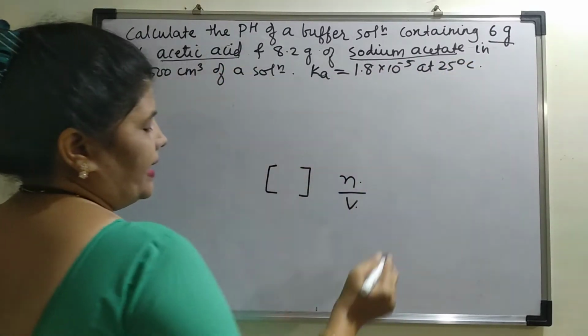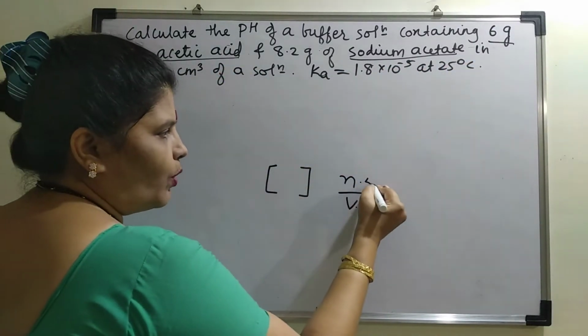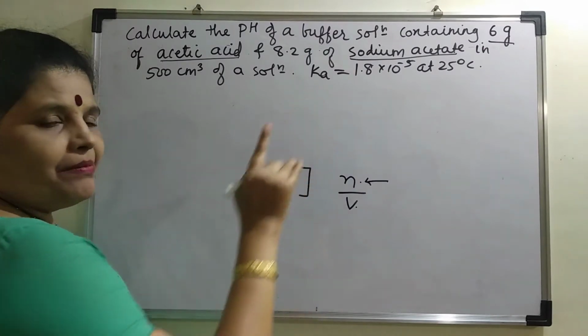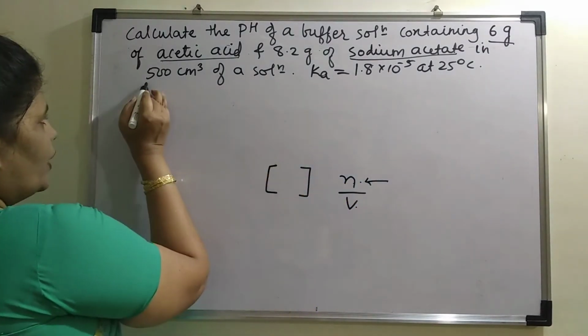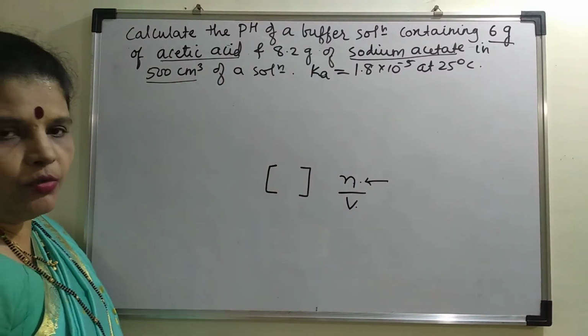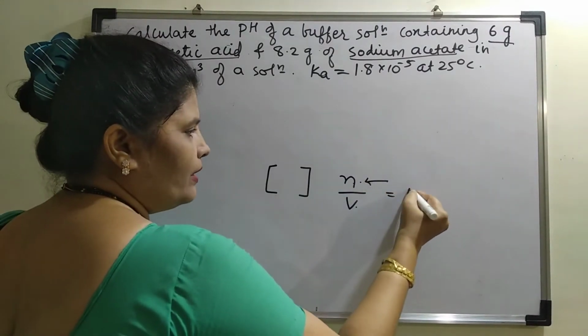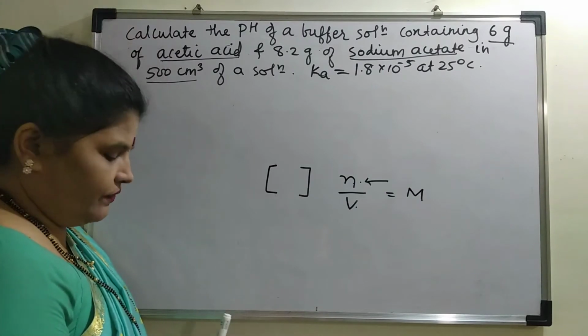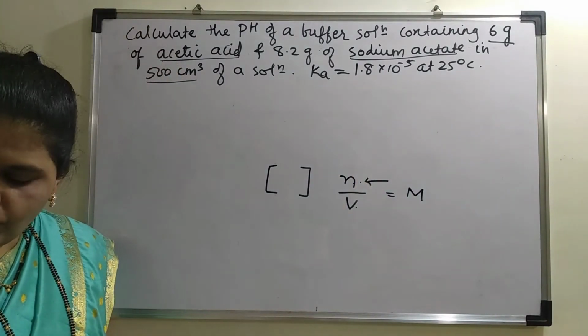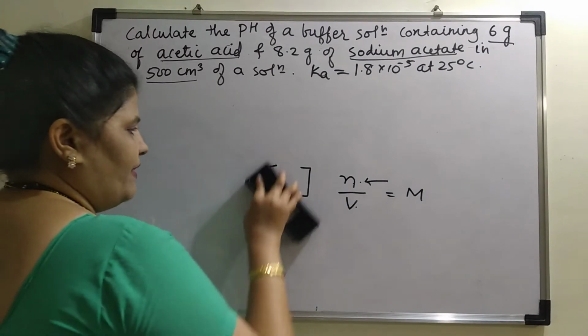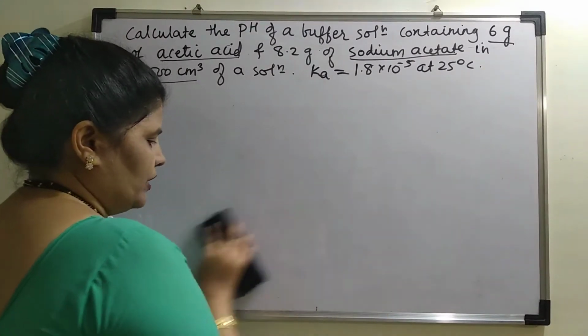So you have to calculate the number of moles first from the given mass and the molar mass, and then divide that by the volume, that is 500 cm cube. Then you will get the molar concentration or molarity of the solution. So this is slightly difficult, you have to use the concept of n by v first, and then we will go for the calculation.